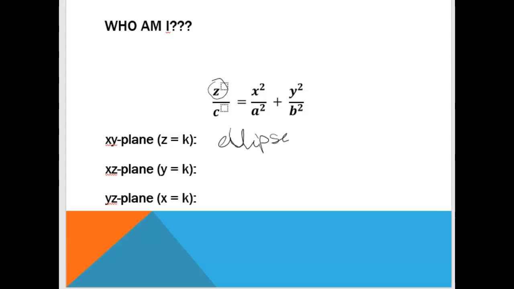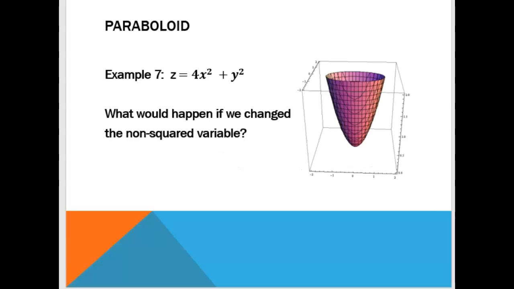If I keep y constant, I have some version of z equals x squared, which is a parabola. So parallel to the xz plane, I have parabolas. Same thing parallel to the yz plane. I have z equals y squared. Parabolas parallel to the yz plane. If I put all 3 of those dimensions together, I get a paraboloid.